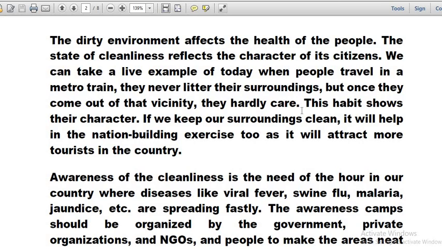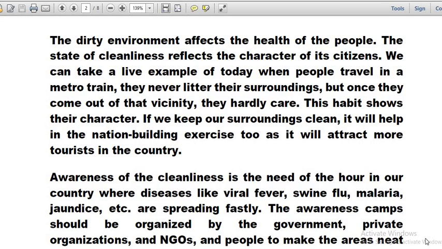But once they come out of that vicinity, they hardly care. They go on polluting the environment. It is our responsibility, being educated citizens, to keep the environment healthy and clean. Because ultimately if the environment is healthy and clean, of course our health will be fine. We won't be affected with any sort of diseases at all.